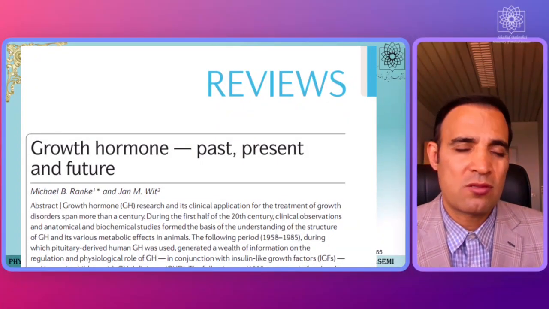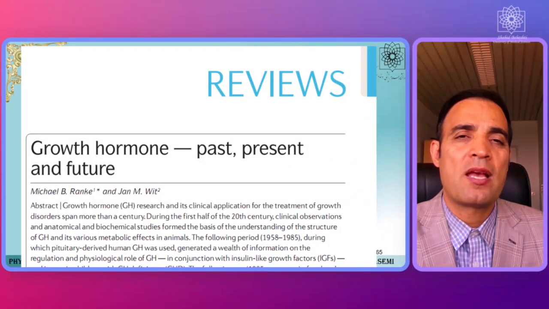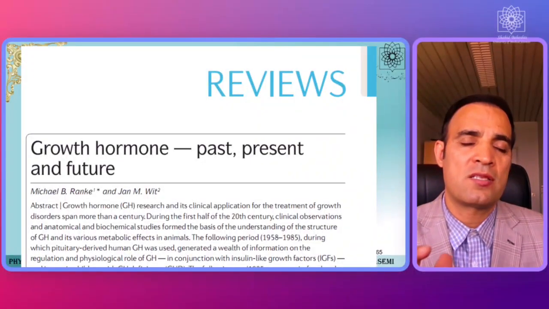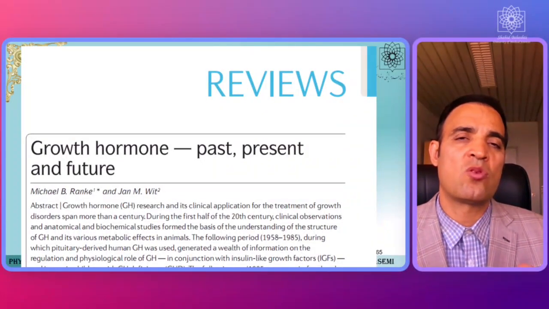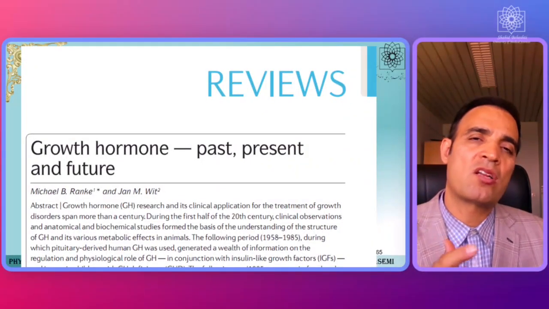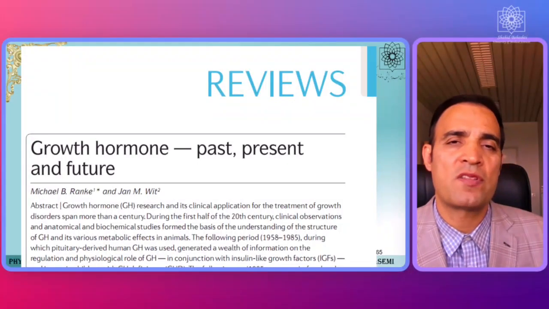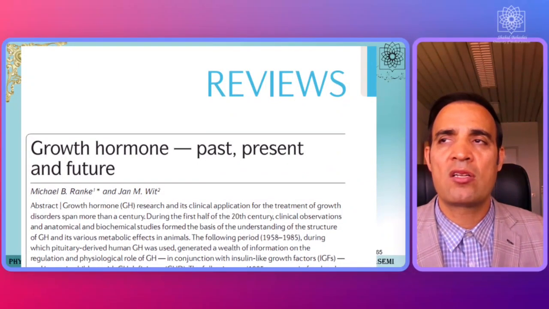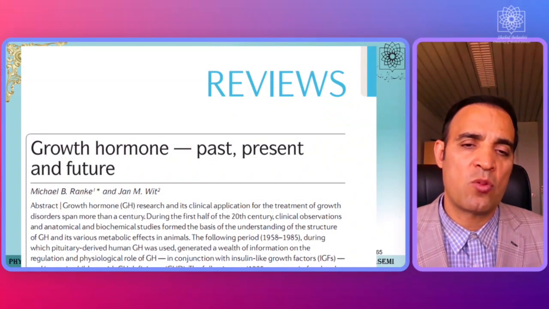I'm not going to discuss them, but in summary, I just want you to know what is the growth hormone, what are the physiological roles of the growth hormone, and what are the controllers of growth hormone in the body.